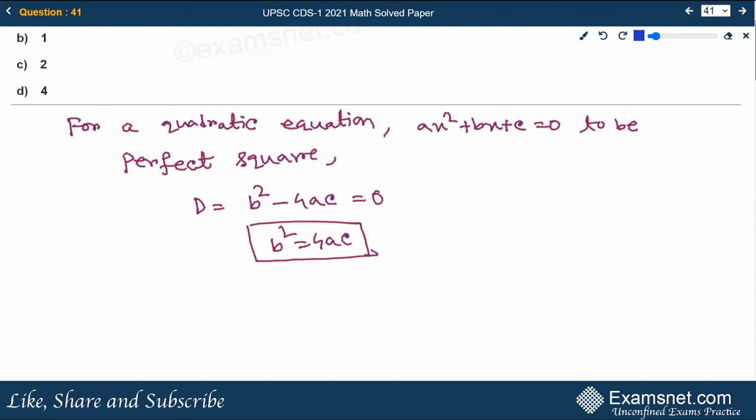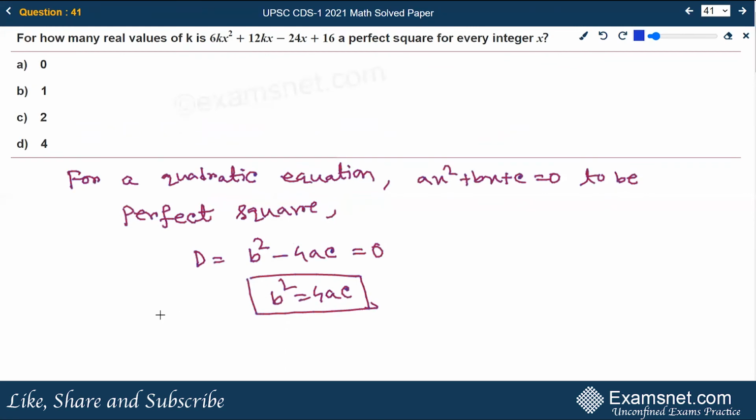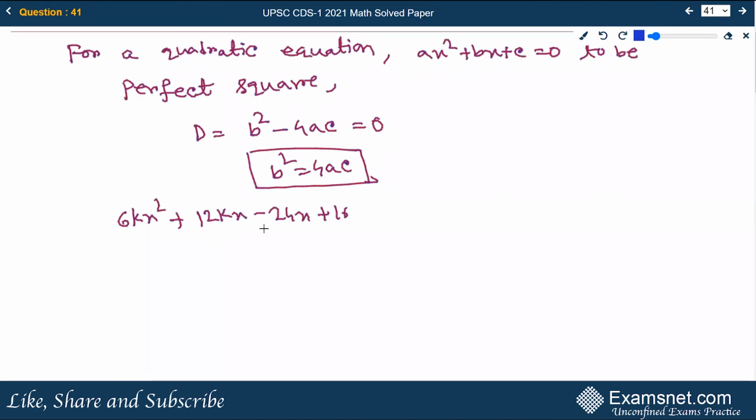So here we are given the equation 6k x square plus 12kx minus 24x plus 16. We can further write it down as 6k x square plus (12k minus 24) x plus 16.